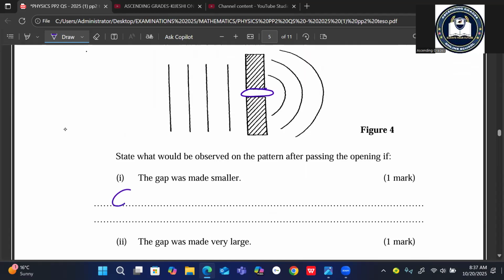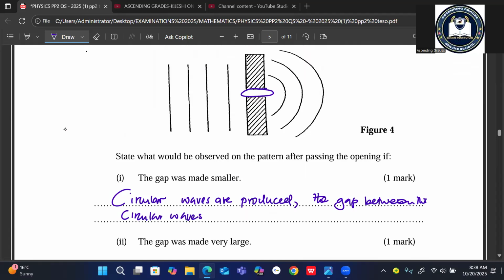So we can say circular waves are produced, and the gap between the circular waves increases. In short, if this was lambda 1 and this becomes lambda 2, then lambda 2 will be greater than lambda 1.